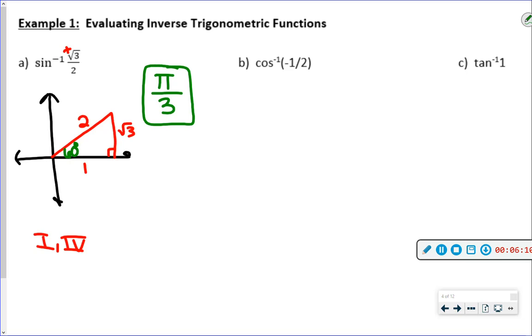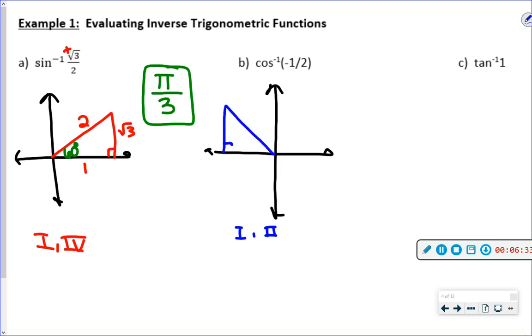So we pass our horizontal line test and have an inverse. All right, cosine, I gave you -1/2 on purpose. Now, remember your restrictions on cosine. Cosine can be in 1 and 2. Which quadrant are you going to draw it in? 2, because of it being negative. And of course, we know cosine is adjacent over hypotenuse, and the missing side is √3.